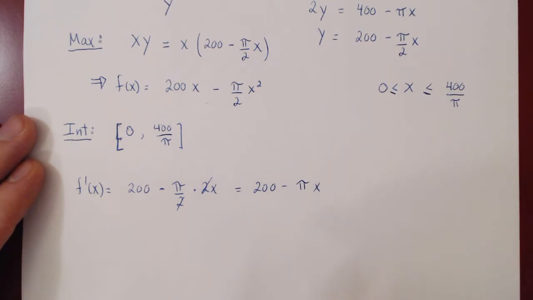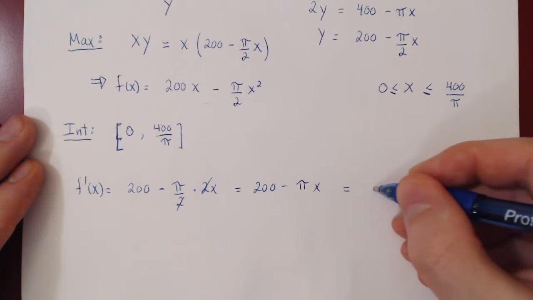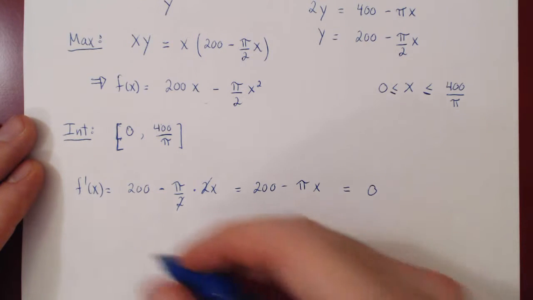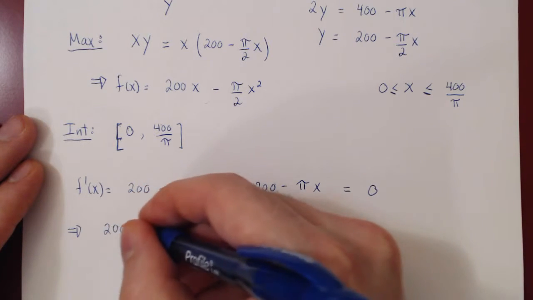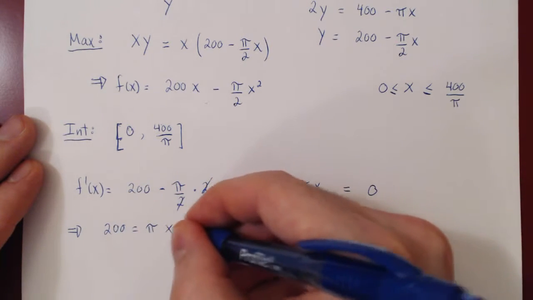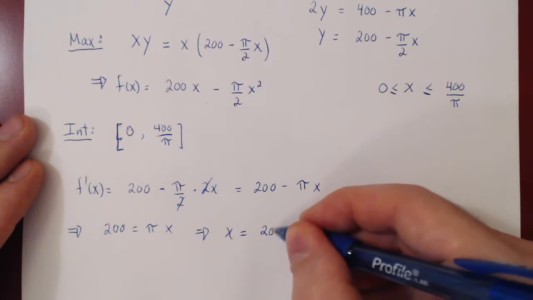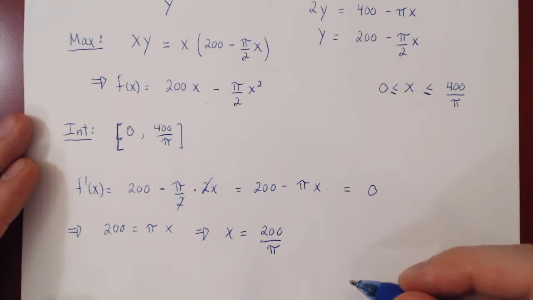The derivative is obviously always defined, so you have to look for critical points where the derivative is 0. Send pi x on the other side, and you get that 200 is equal to pi x. Divide across by pi, and so x is 200 over pi, your only critical point.